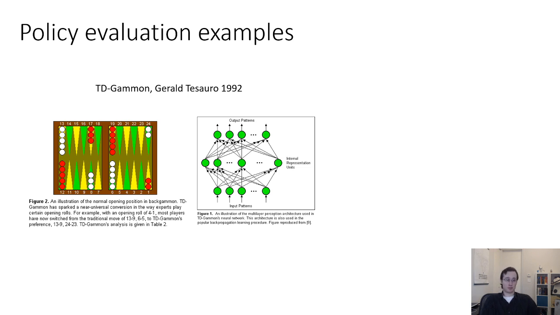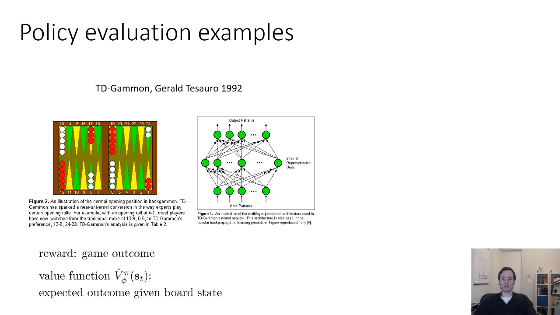In that case, the value function, the expected reward, is just your expectation about whether you win the game. So the value function is a function of the board state, and you look at the board state and your value function outputs how likely it thinks you are to win given this board state. So it has a very intuitive interpretation. The reward is the game outcome, the value function is the expected outcome given the board state, which is basically your probability of winning.